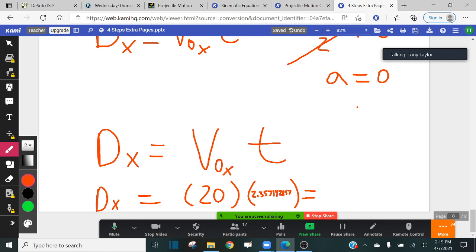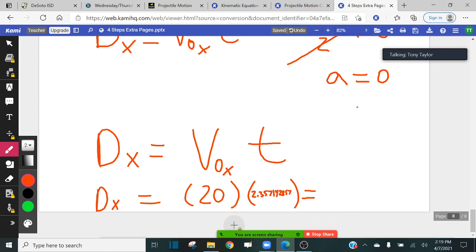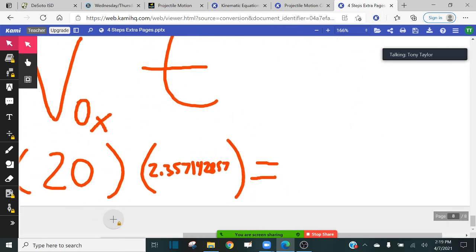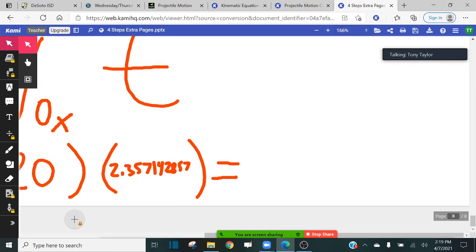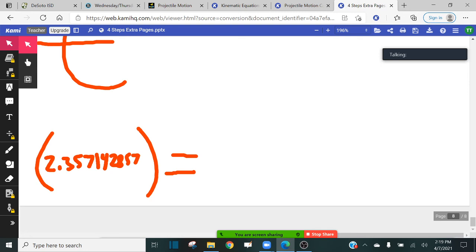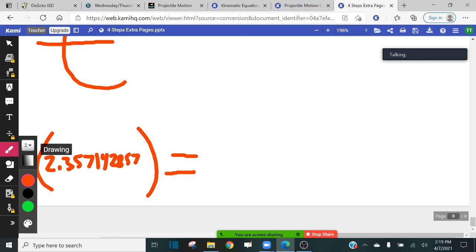Yeah, Stephanie, that's exactly what I got. Thank you. So when I multiply 20 by that time, let me zoom in so I can write, I actually get 47 point.